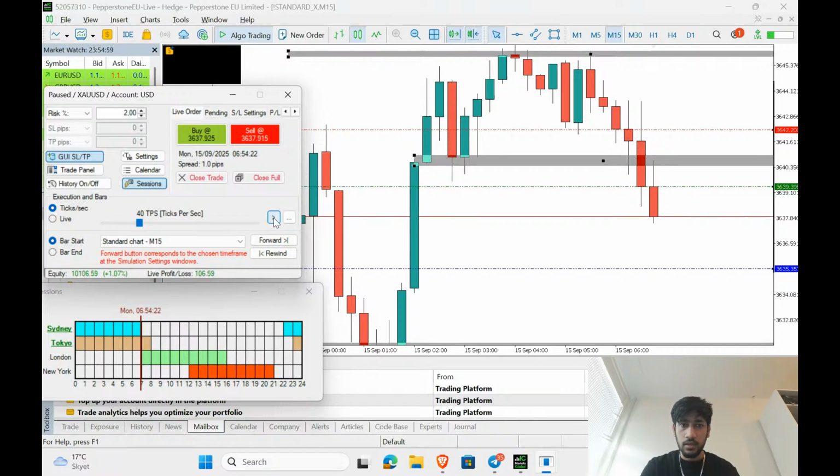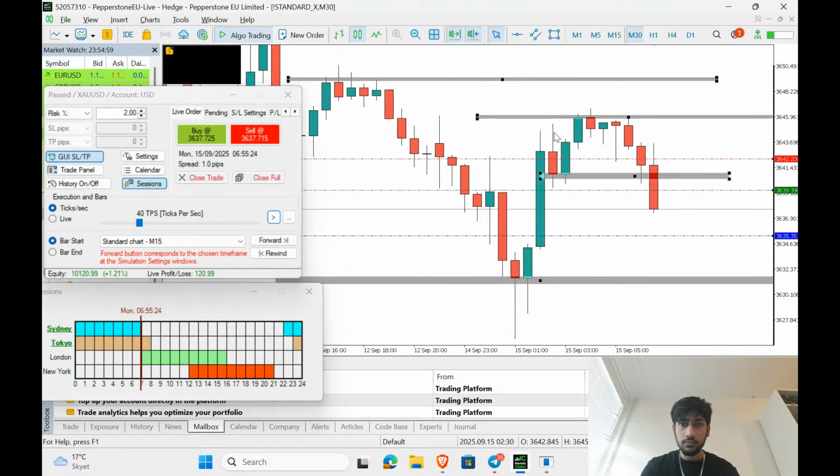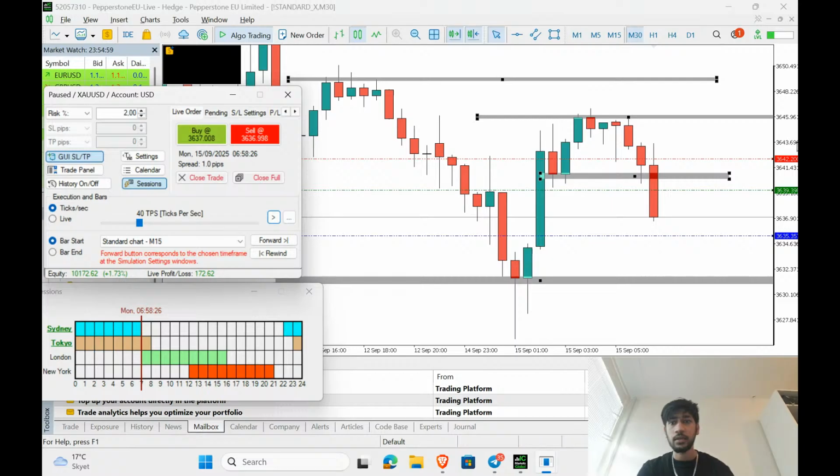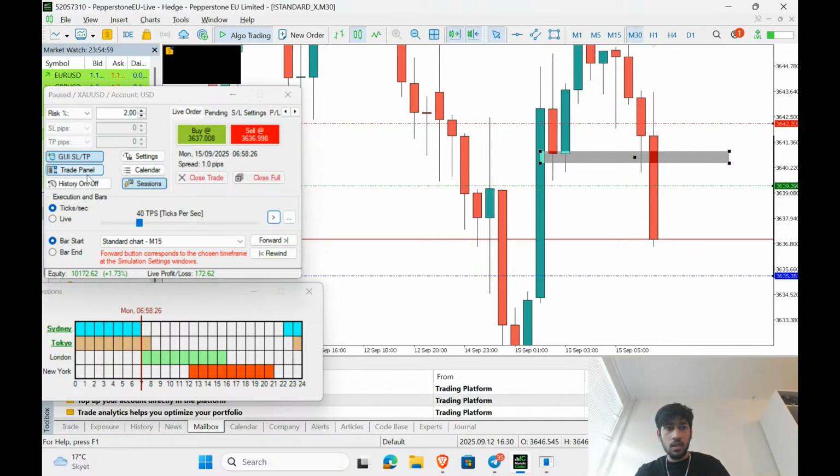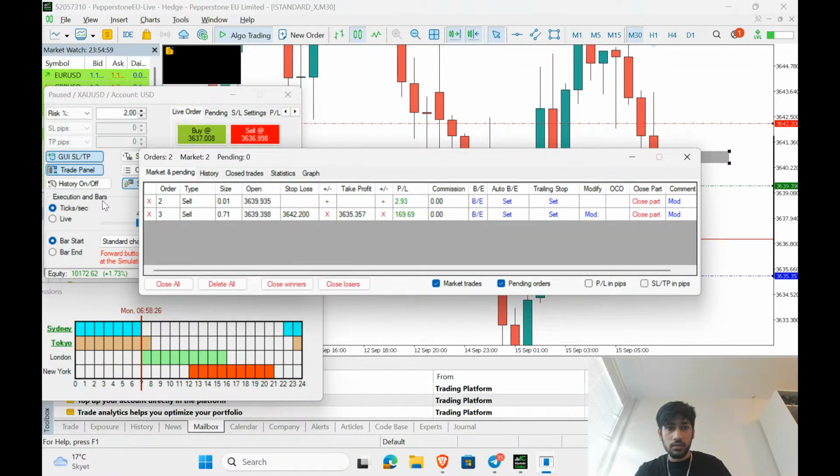Yeah, just like that. I expect this candle to just shoot down quick, but as we are coming down, I want to close. What? Why is this sell being open?